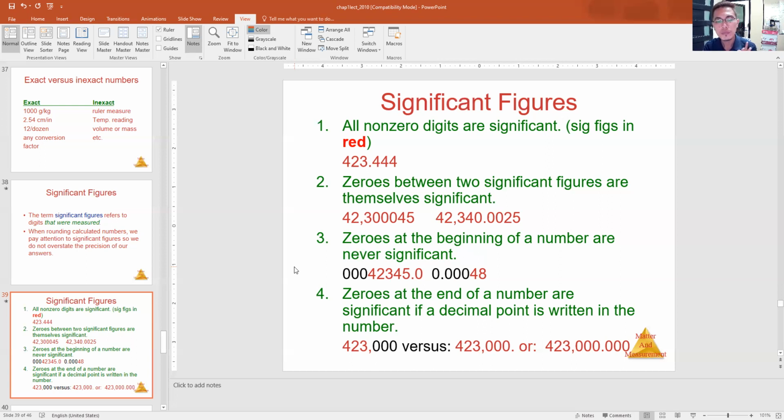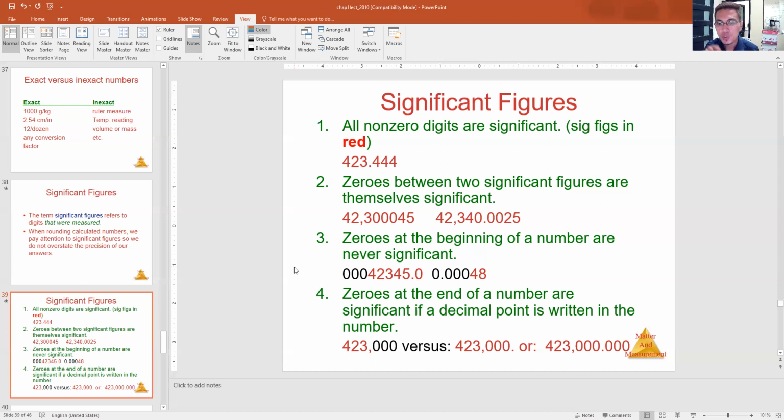Okay. So there is a difference. For example, 423,000 with no period: the significant figures are only 3. While versus 423,000 with a period, there are 6 significant figures.